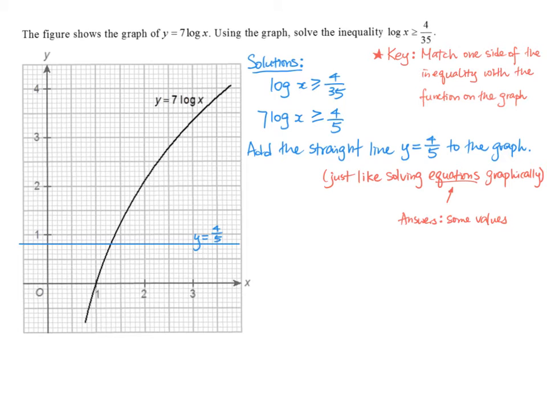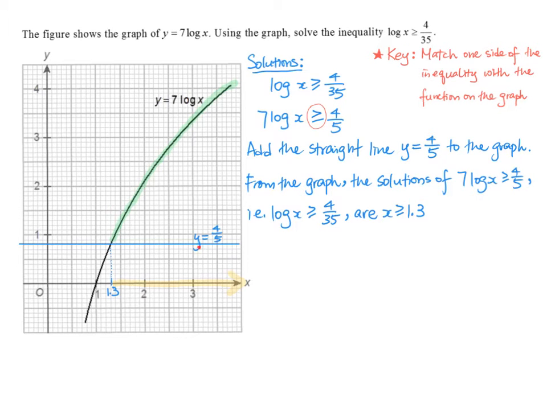But the only thing different is when we did equations, the answers would be some values, right? But now when we're solving inequalities graphically, the answers would not be just one or two values, they would be ranges of x. Because we're looking for y greater than or equal to 4/5, that means we're looking for this part of the graph.